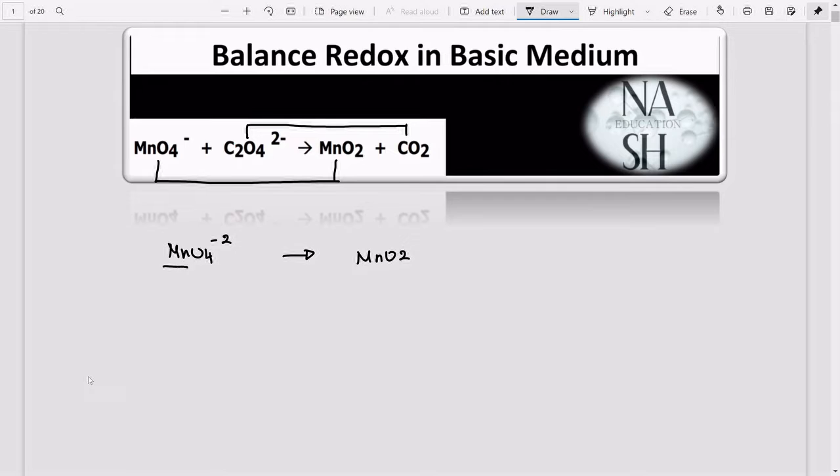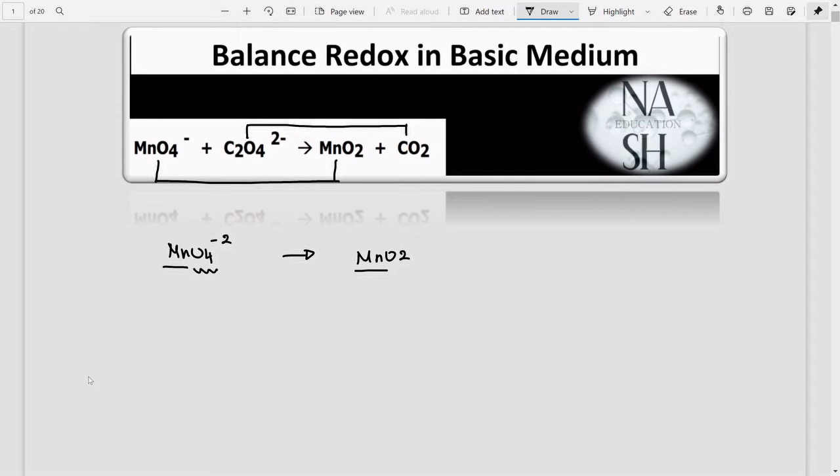So I can see Mn and Mn in both sides are equal and they don't need to be balanced because they are already balanced. Second step is to balance any oxygen available in your equation by adding number of water molecules to the side that has less oxygens.